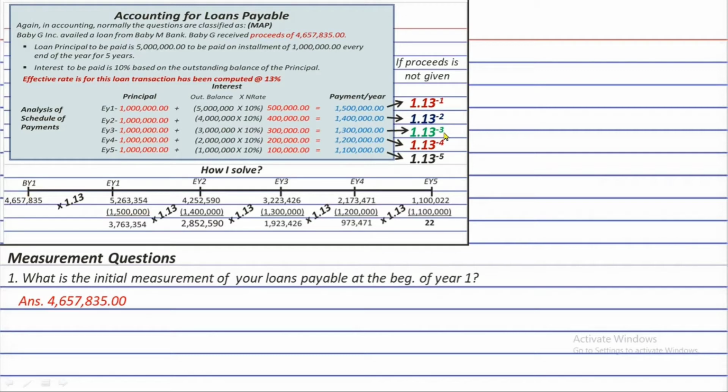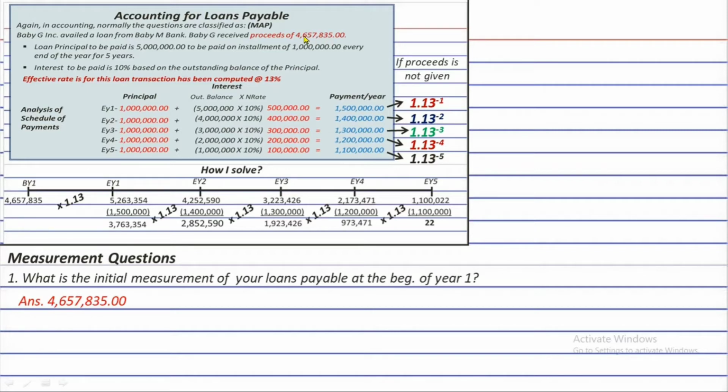While the others, we should raise to negative 2, negative 3, 4, and 5. Now, after doing that, you have to get their answers and then get the sum of the answers, and you will get this or an amount very near to this.